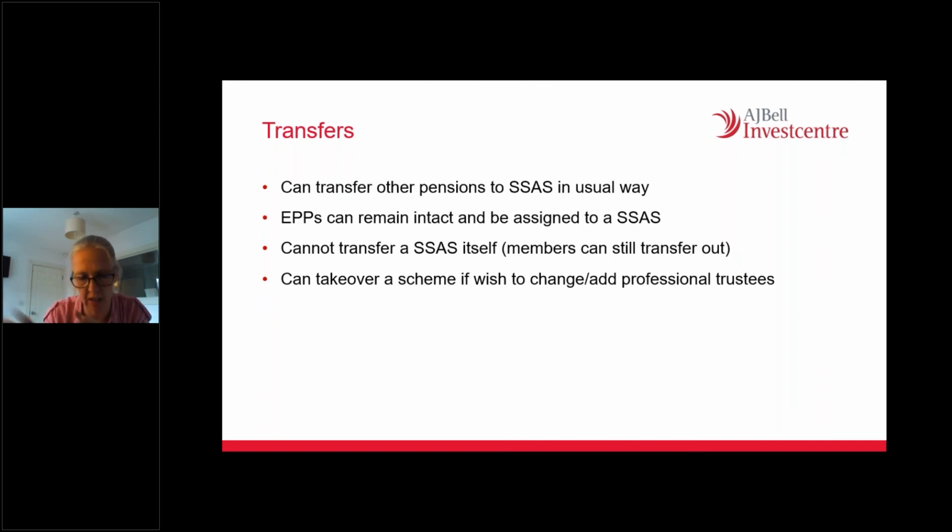Obviously members still have to be trustees, as talked about, but you can change the professional trustee with a deed of removal and a deed of appointment for a new trustee, to put a new professional trustee in place. And you can change the scheme administrator. So that effectively is a takeover of the existing scheme. There is no transfer involved, the scheme remains intact, same PSTR number, and so on. You're just changing a professional trustee and the scheme administrator. So that can happen as well.